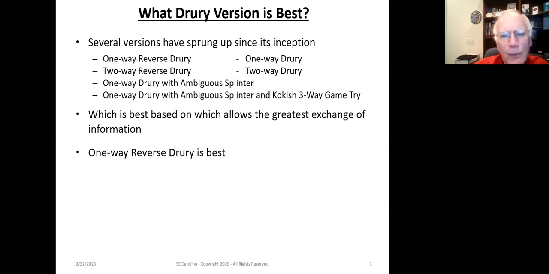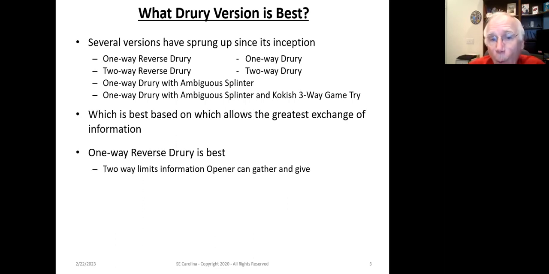So they added the word reverse. And then somebody that thought they were really smart came up with two ways, so you could distinguish between having three card support or 4 card support. But as it turns out, telling your partner you've got 4 plus cards instead of 3 doesn't buy you anything. So we end up with one-way reverse Drury is the best.